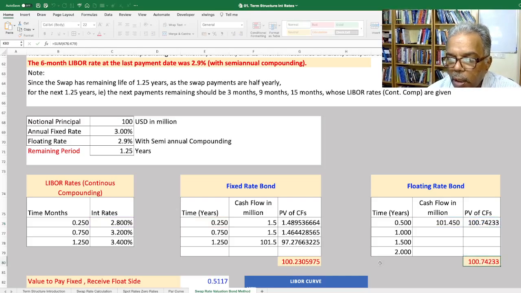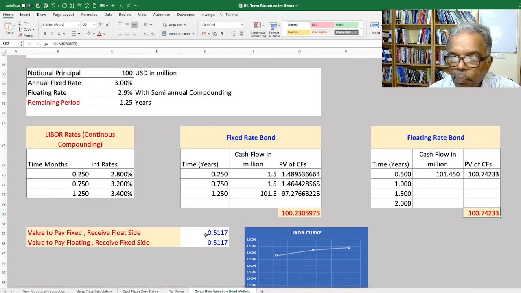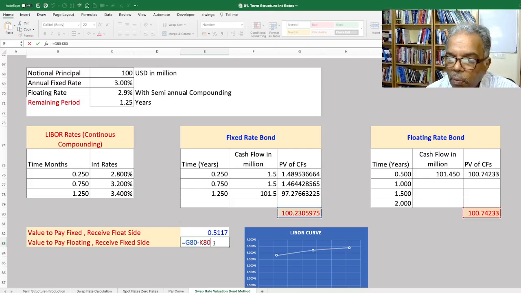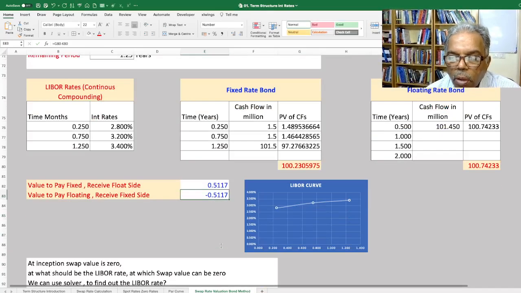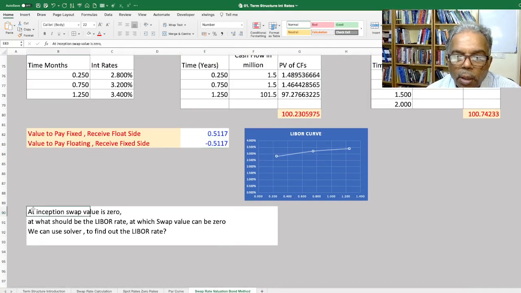The value to pay fixed and receive floating is the value of the floating rate bond minus the value of the fixed rate bond. Similarly, the value to pay floating and receive fixed is the value of the fixed bond minus the value of the floating bond.